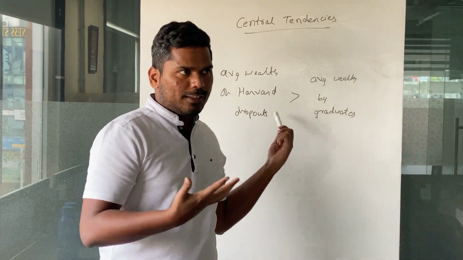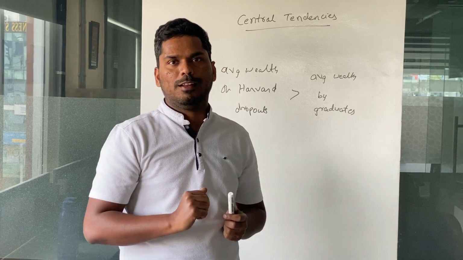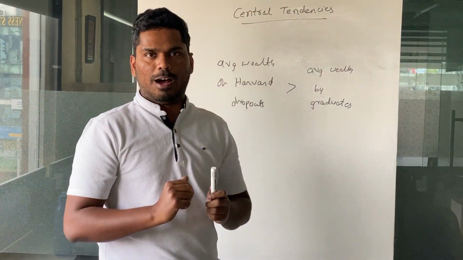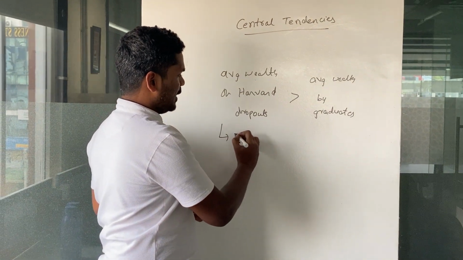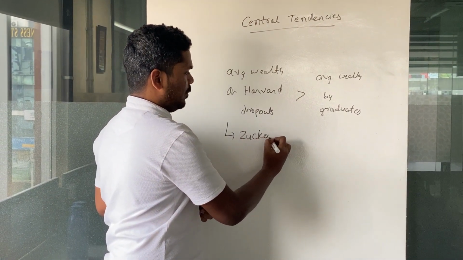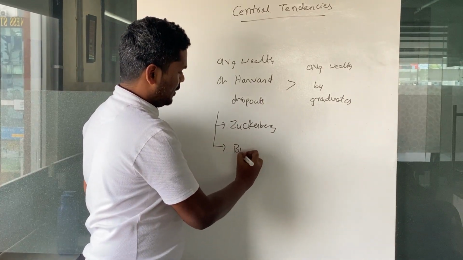Ever wondered why this statement is true? Because there are two people who dropped out of Harvard and made this possible. I hope most of you know this guy, Zuckerberg. That's one guy. And the second guy is Bill Gates.